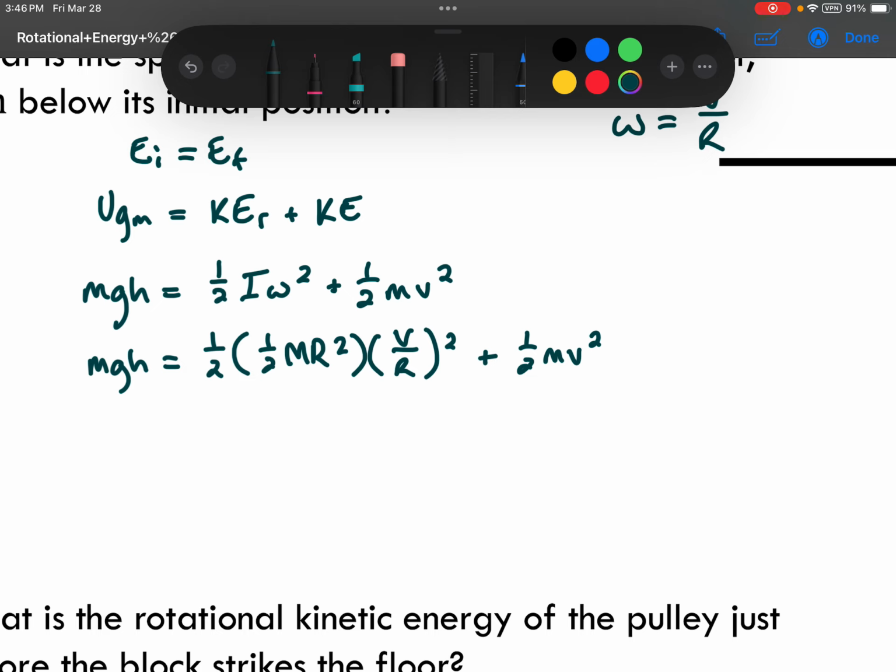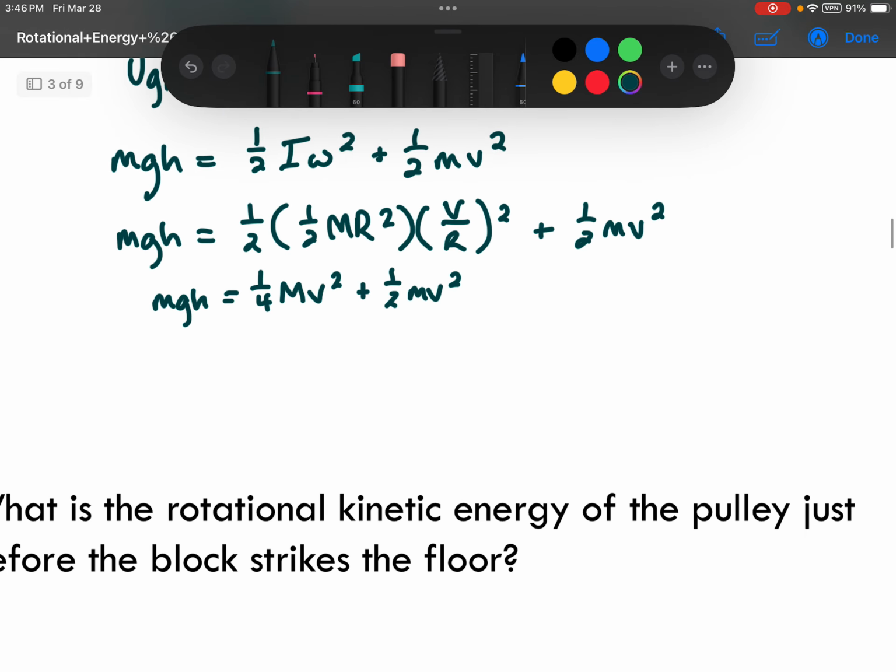I'm going to go ahead and simplify some things. So mgh equals 1/4 big M v squared plus 1/2 little m v squared. And then I'm going to factor out the v squared on the right. So mgh is v squared times big M over 4 plus little m over 2.